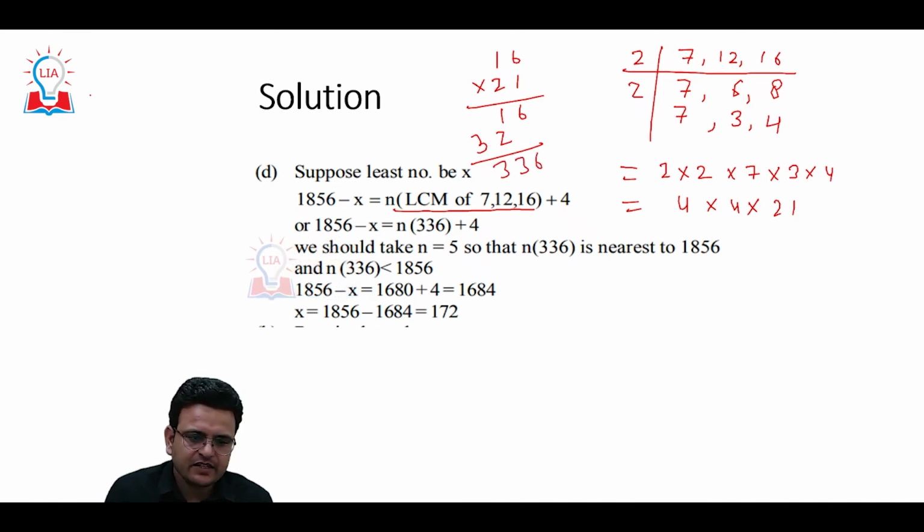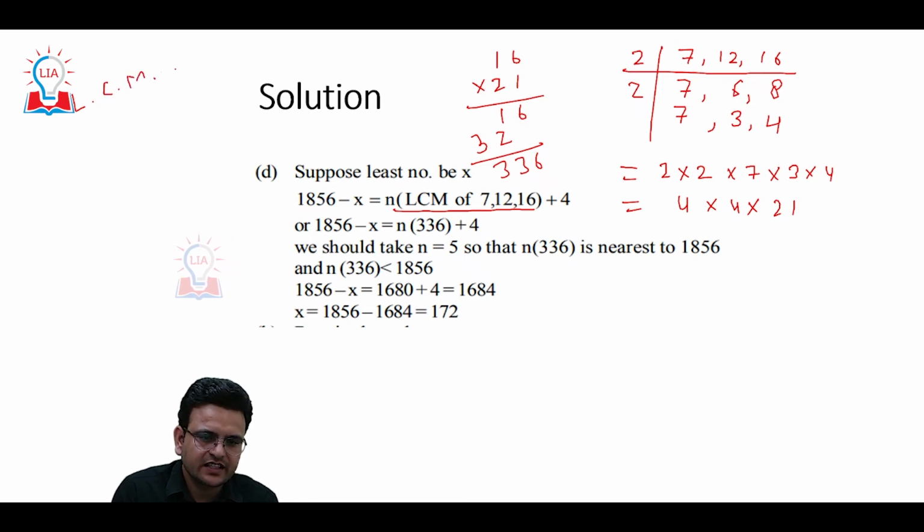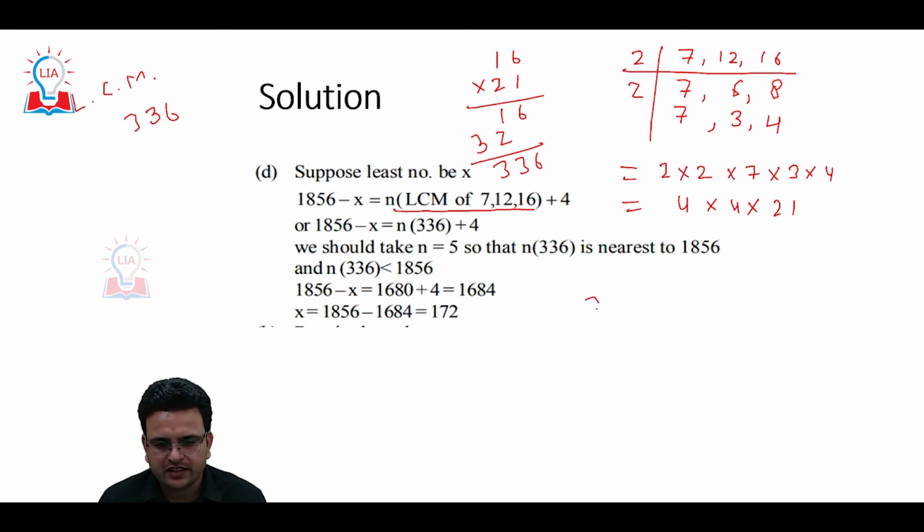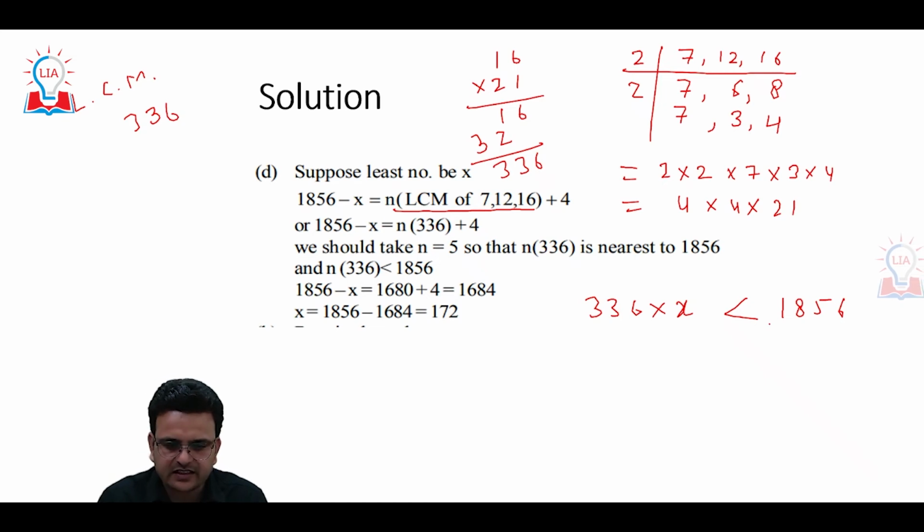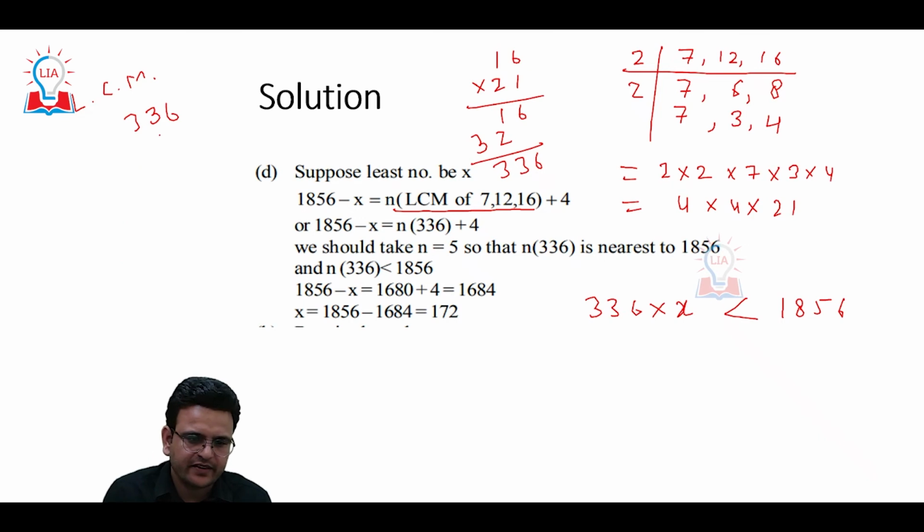So LCM is 3, 3, 6. Okay. So 3, 3, 6 into x should be less than 1856. So we should reach till there. So okay, I have to multiply by 4. If I multiply by 5, or I can multiply by 6, 6 will be more than that, I can multiply by 5.